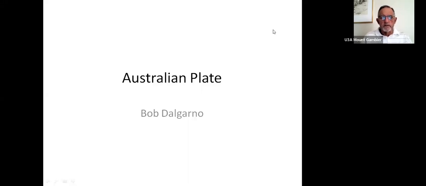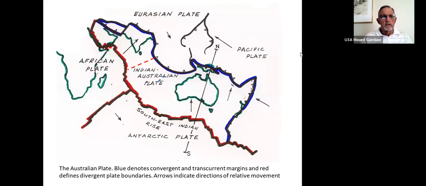This is one of a series on plate tectonics discussing the Australian plate. A rather old diagram of mine illustrating the Australian plate as we have traditionally believed it to be, actually shown here, including India, effectively not including Arabia, although we've moved together with those continents for some time.